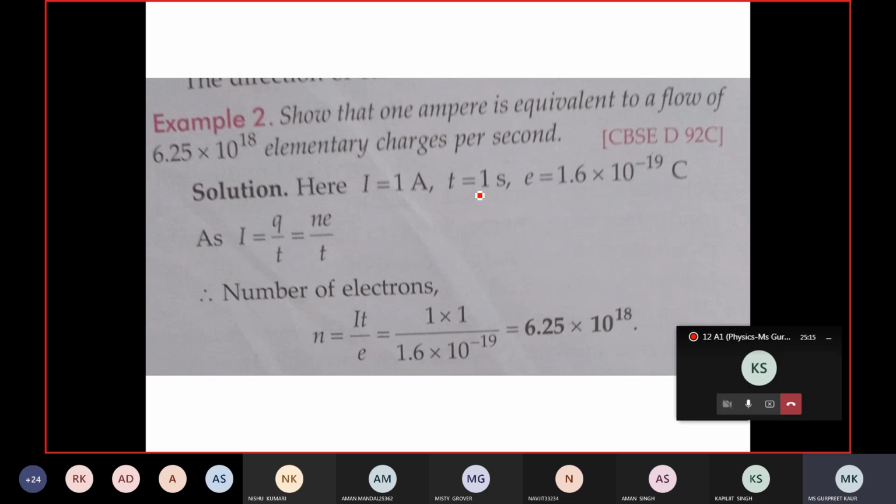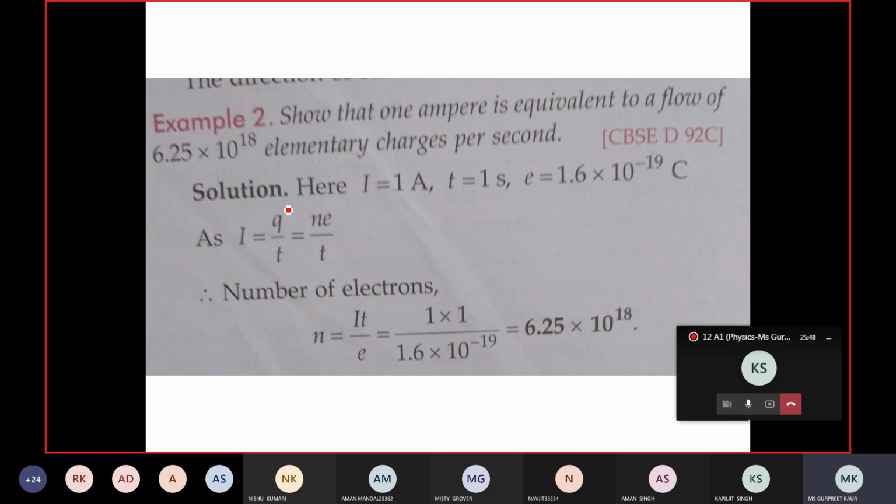Now current I equals charge flowing per unit time, that is Q upon T. And as per quantization of charge, Q is equal to nE, that is, charge on a body is an integral multiple of charge on an electron. So I equals nE upon T. I am interested in n, the number of charged particles. n can be taken on one side, the rest on the other side.